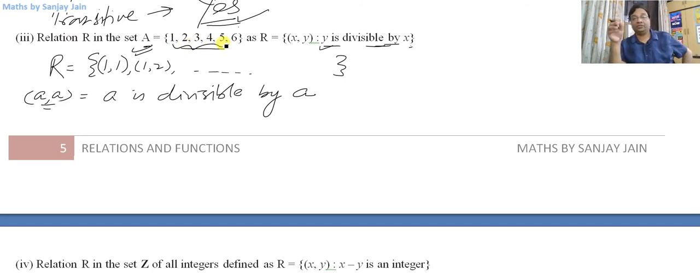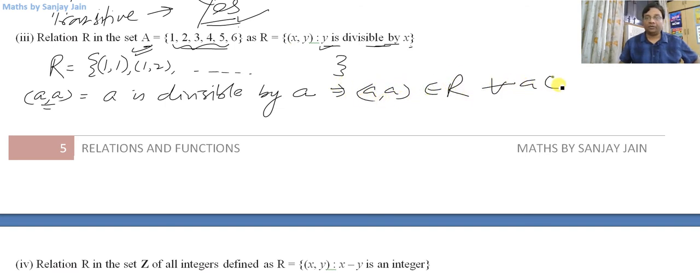If there was 0 in this, then it would have been a problem. But now every element here from 1 to 6 is a natural number, and it is divisible by itself for sure. So A is divisible by A means A comma A belongs to this relation R for all A belonging to set A. Or the other way to show it is that 1 is divisible by 1, 2 is divisible by 2, 3 is divisible by 3.